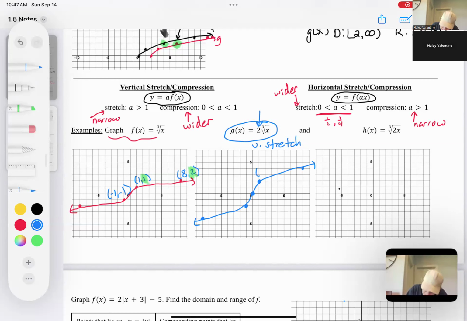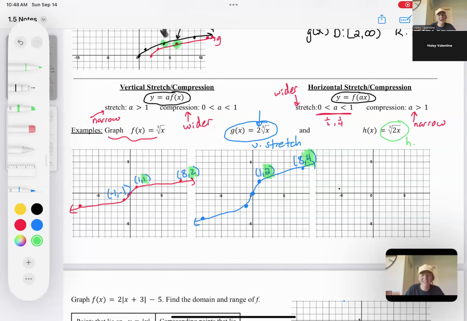Again, if you want to write out those ordered pairs so you can see what's happening, it's directly affecting your y values. Not adding and subtracting though, multiplying. Okay, so then let's look at if I move that 2 to the inside. If I move it to the inside, it is directly connected to the x, which means it is directly affecting the left and the right, which makes it horizontal.